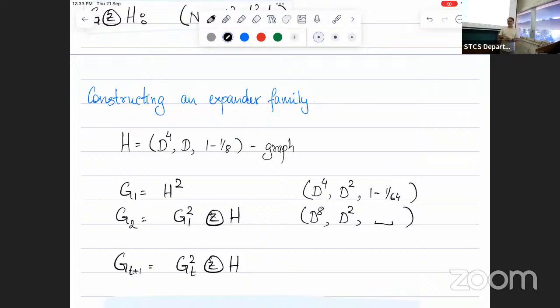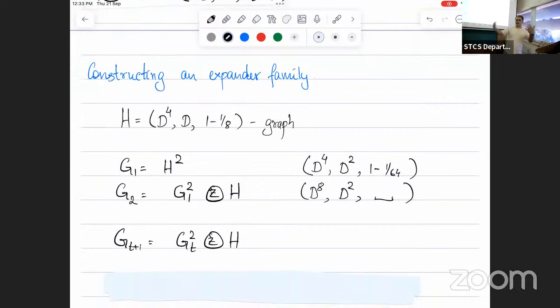I know the zigzag product is going to cost me a bit on the spectral gap, which is why I'm improving the spectral gap before I do the operation. So that even after doing the zigzag, if my previous spectral gap was at least a half, I continue to have a spectral gap of at least a half. Okay, so this is the graph family. This is how it's defined.